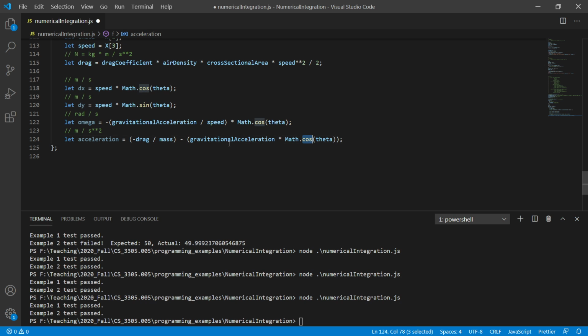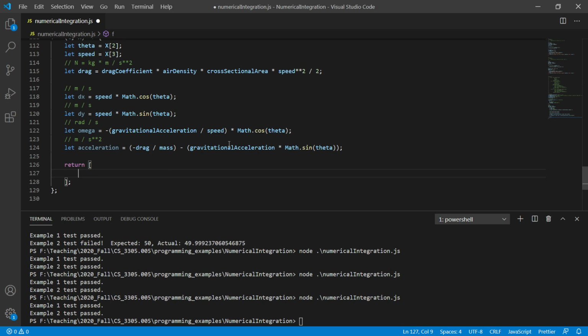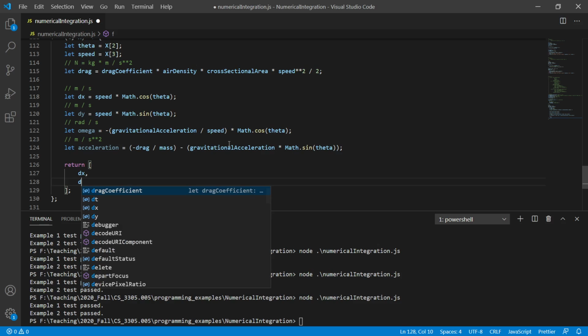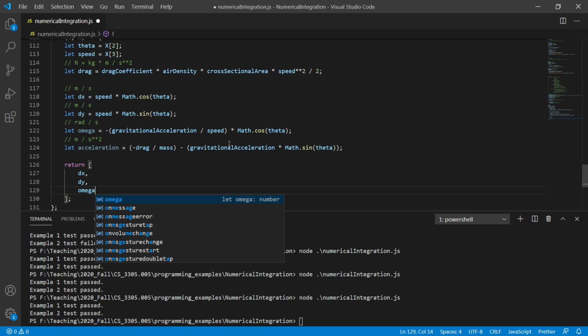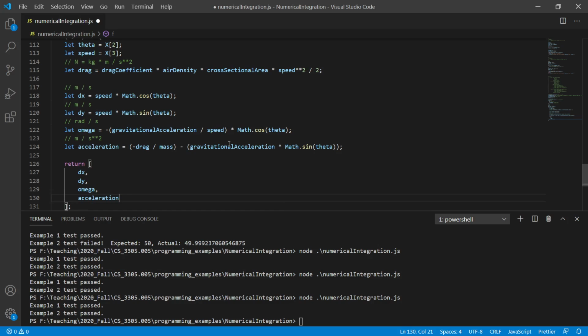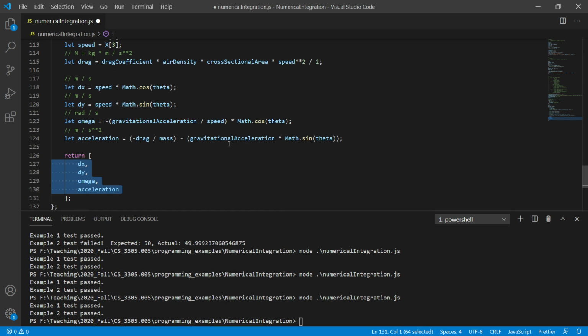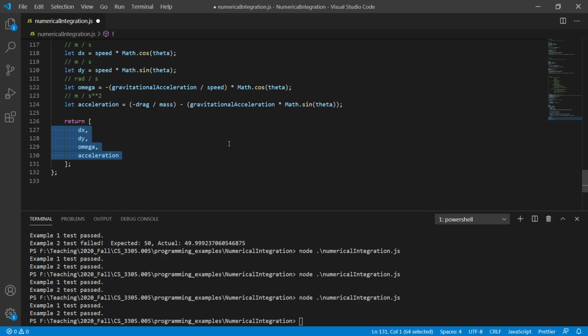Sorry, times the sine of our angle with the horizon. Okay. And so now we return our derivative. So dx, dy, omega, and acceleration. And I do it like this because I like to think of it like a column vector, as you will if you choose to take ordinary differential equations at a higher level.